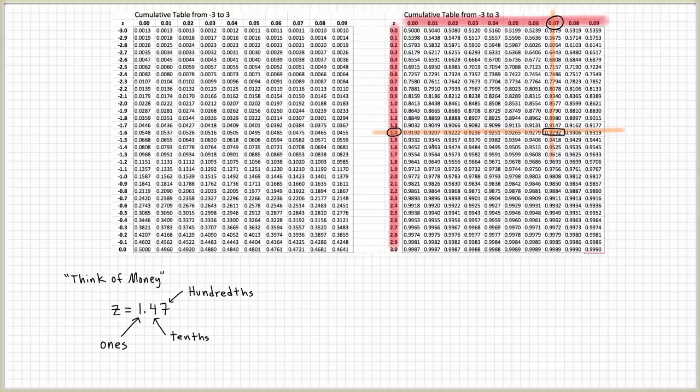Remember that for probability with a z-table, we need a range. Okay, and we'll see that in an example that we'll have in a little bit. But if we're looking for a z-score of 1.47, boom, that's the answer, 0.9292, and you'll see how we use it in a minute.